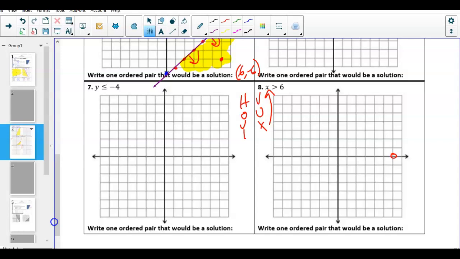I put an open circle there because this is a strictly greater than. This is going to tell me that this is a dashed line. I forgot I was on the line. And because it's greater than, this is going to be shaded above.